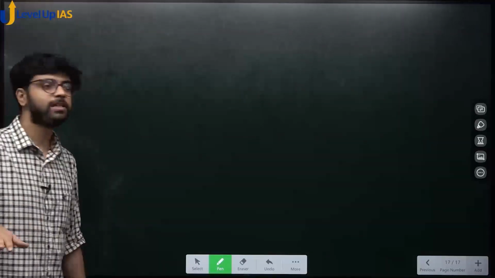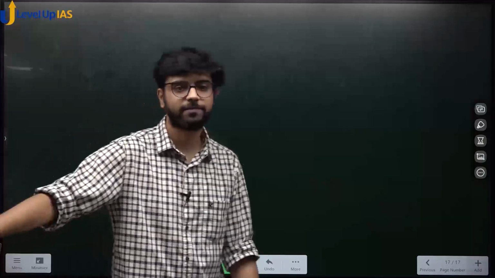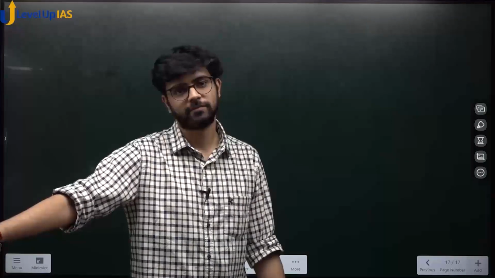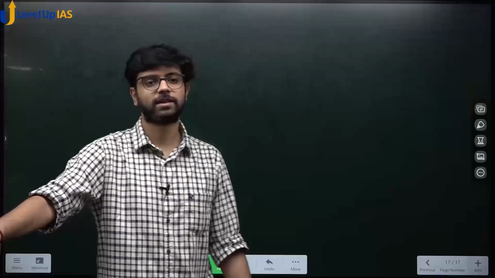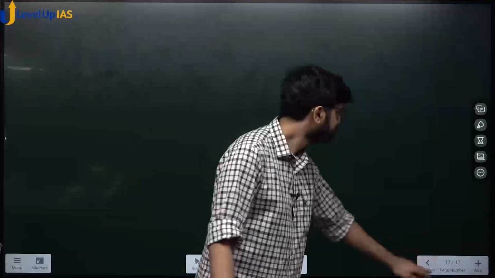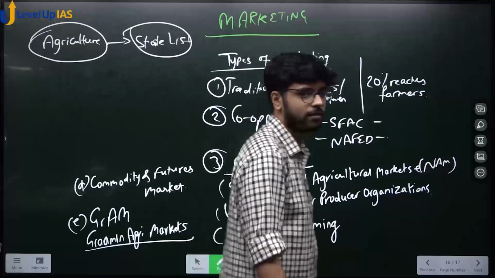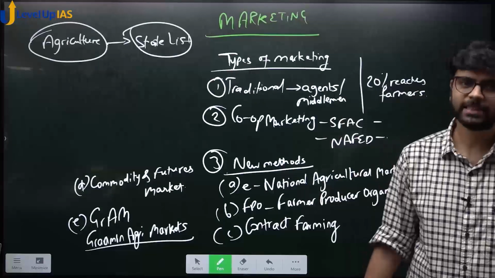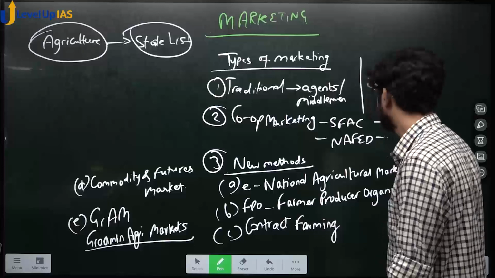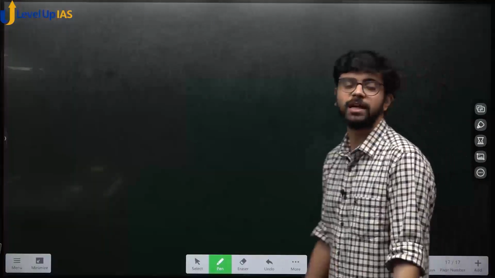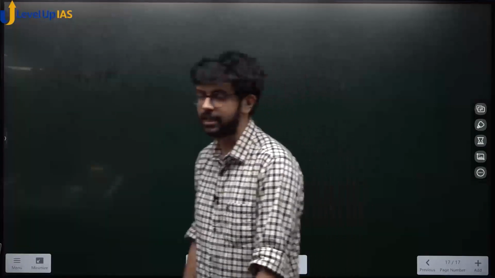Agriculture is a union subject, state subject, concurrent subject. State subject. Agriculture is mentioned in the state list. I told you there are 3 lists: union list, concurrent list, state list.